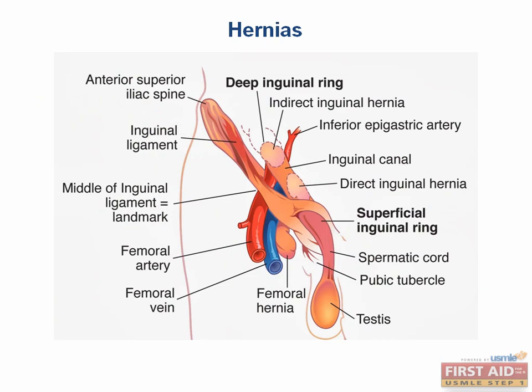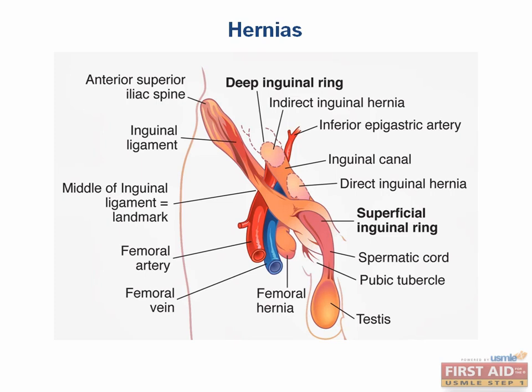The direct inguinal hernia goes right through the abdominal wall, medial to the inferior epigastric vessels. What is this area called? This area is known as Hesselbach triangle. Direct hernias do not pass through the internal inguinal ring, but instead they go through the external inguinal ring.